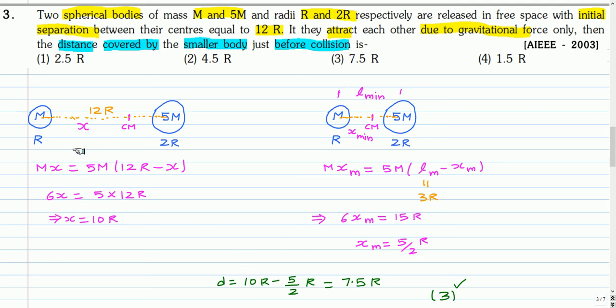The center of mass of this system will not move because there is no external force acting on it. So the smaller body, initially at the distance x from center of mass, has moved to a distance of x minimum from center of mass. So the total distance traveled by the smaller mass is 10r minus 5 by 2 r, that is 7.5r. So the correct option is option 3.